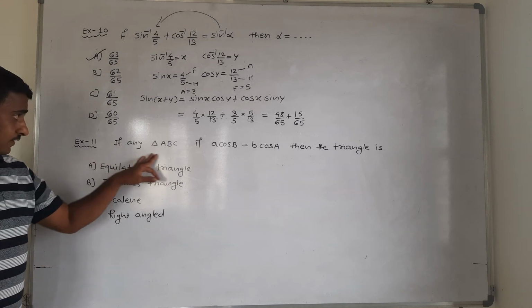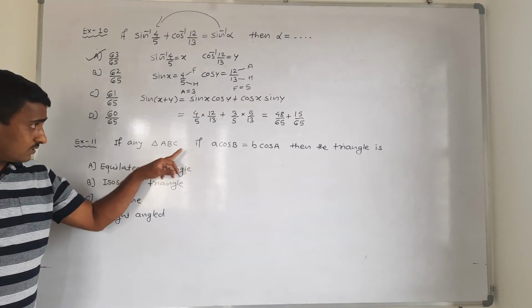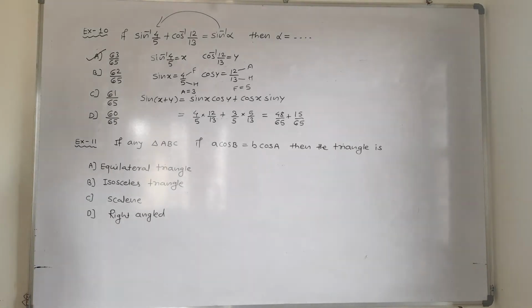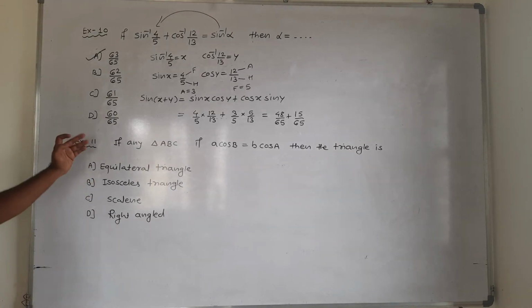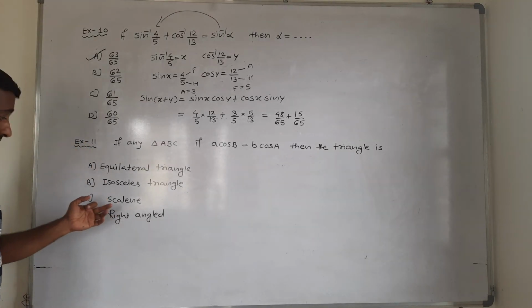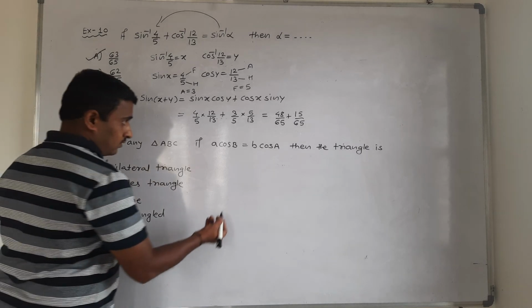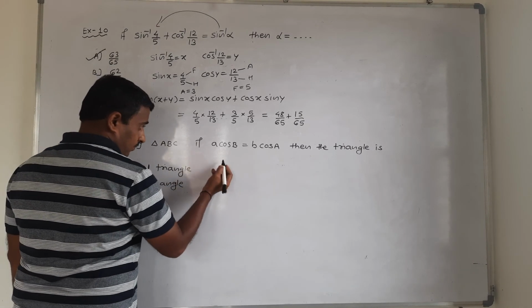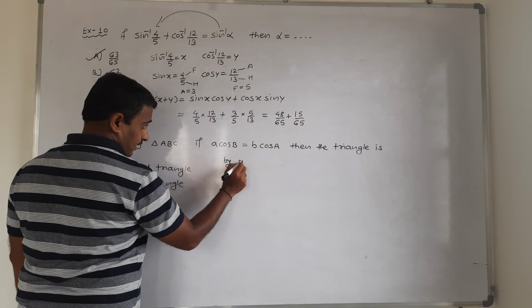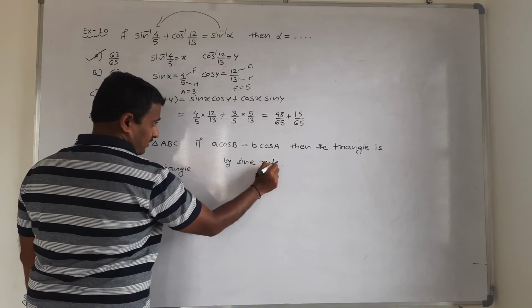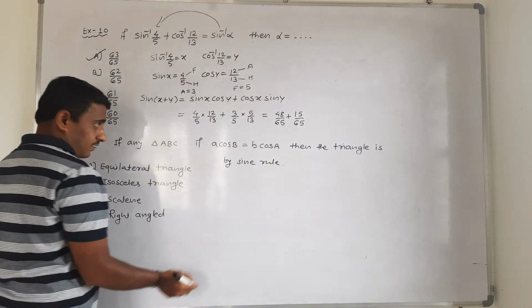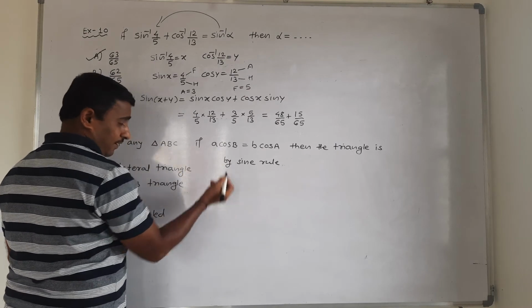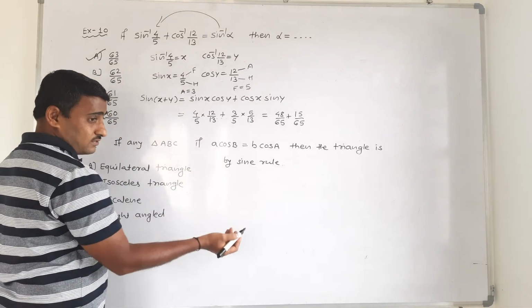Next example, in any triangle ABC, if a cos B is equal to b cos A, then the triangle is of the type: equilateral, isosceles, scalene, right angle. Now it is a triangle, therefore by the sine rule, a by sin A, b by sin B, c by sin C is equal to some constant.